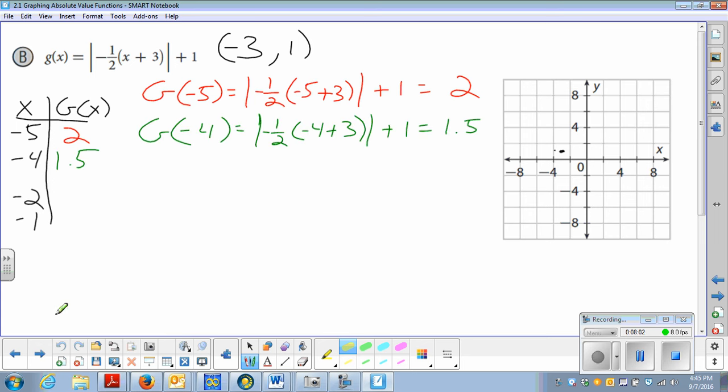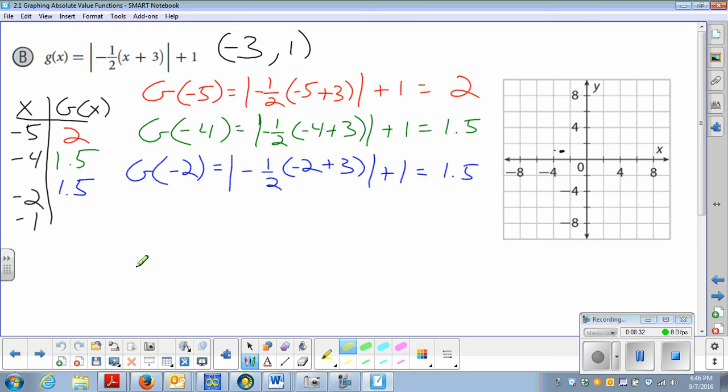I'm going to go ahead and plug in my -4. And as I plug in my -4 and compute the problem, I'm going to end up with a 1.5. Okay. Next, I'm going to go ahead and plug in my -2. And when I plug in my -2, I also get a 1.5.